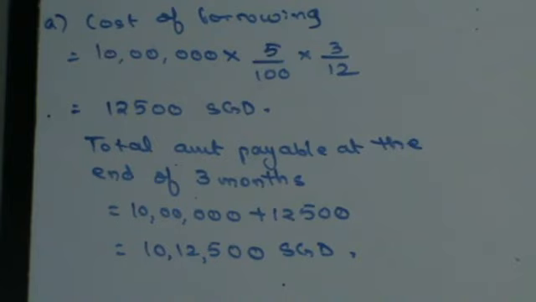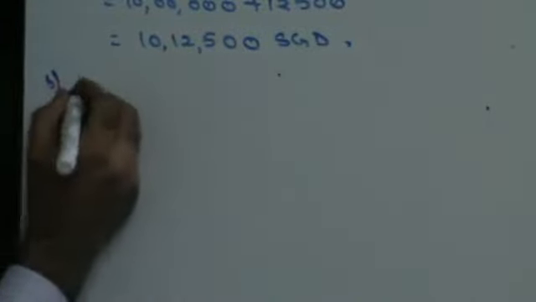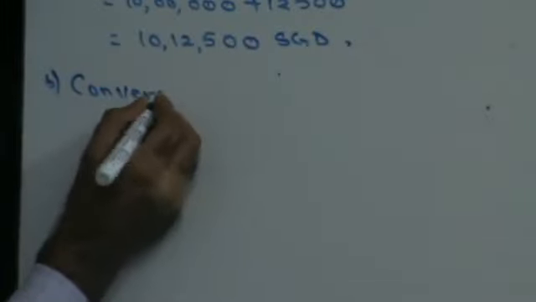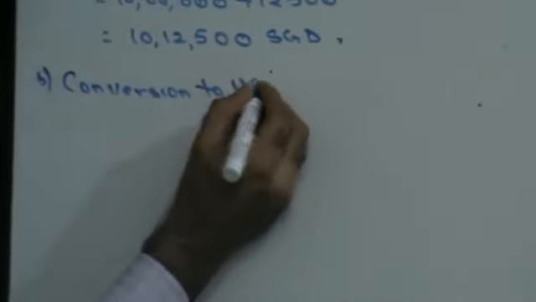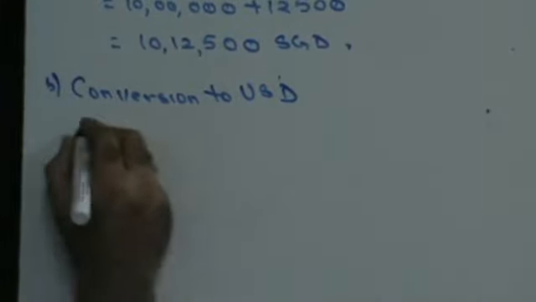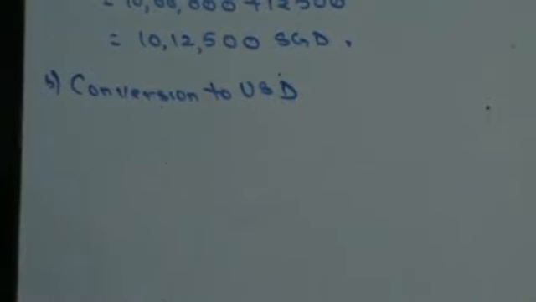Now I'm going to transfer this money to US, so I'm going to have conversion to US dollars. I'm sending 1 million Singapore dollars there. How many US dollars will I get?